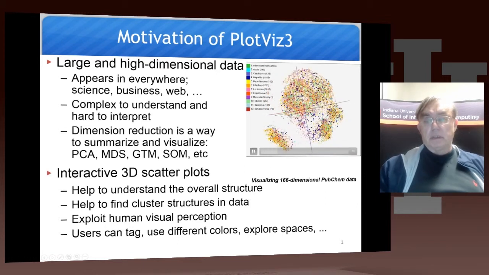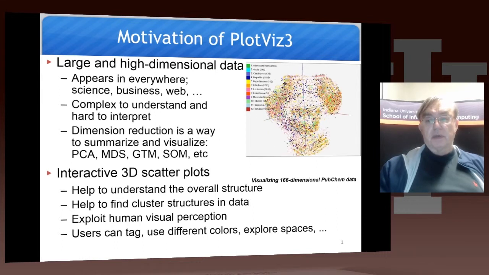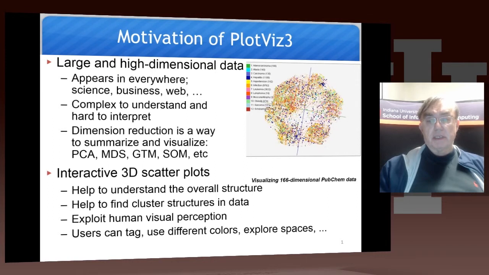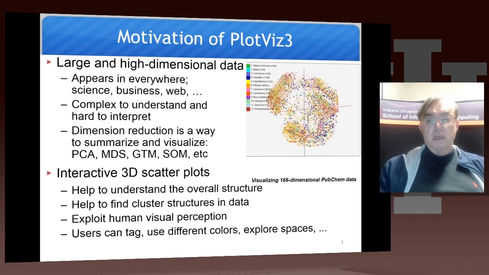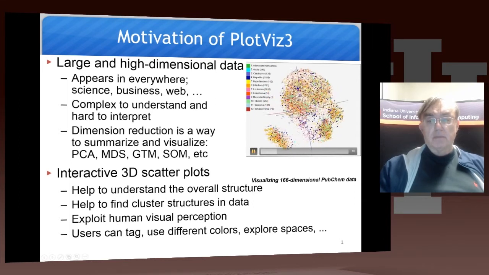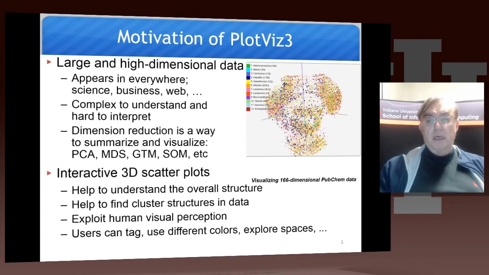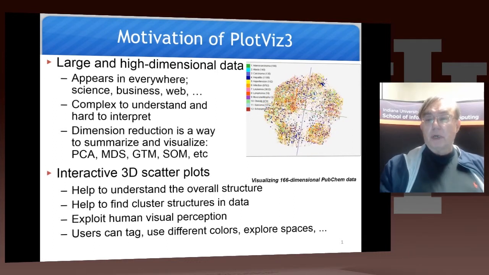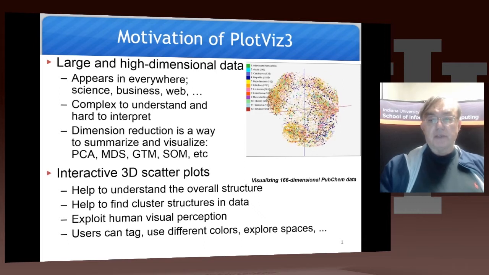This is a result of Plotviz showing a Cheminformatics data set with each color representing a different compound, and you're just rotating it in Plotviz to look at the different structure as it goes around. Note these points look as though they lie on the surface of a sphere. That's a feature of dimension reduction.